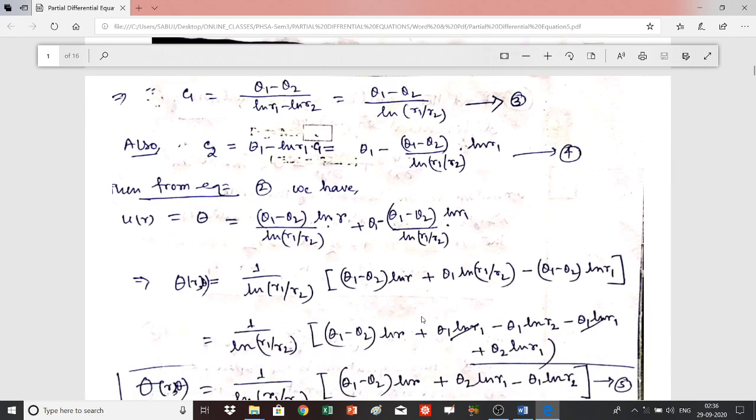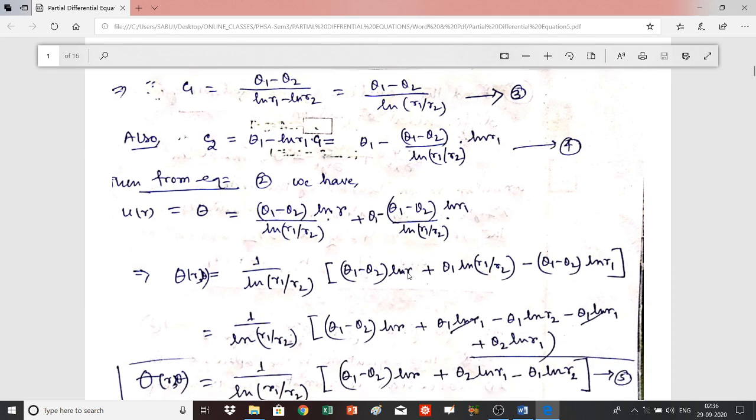From here just take 1 by log R1 by R2 as a common term, then this will give you theta 1 minus theta 2 log R plus theta 1 log R1 by R2, then minus theta 1 minus theta 2 log R1.